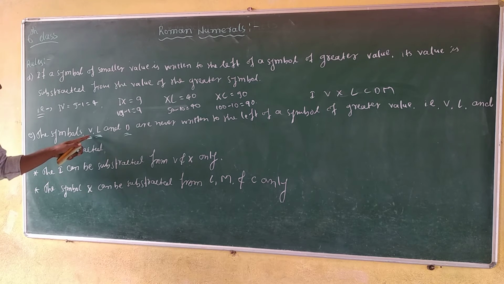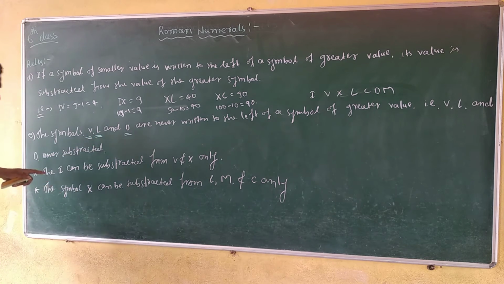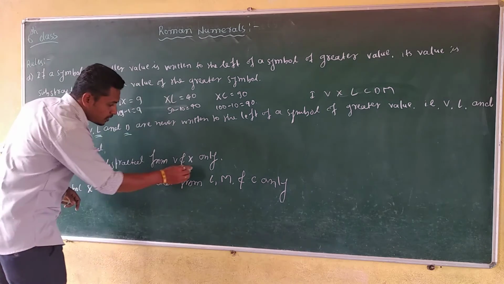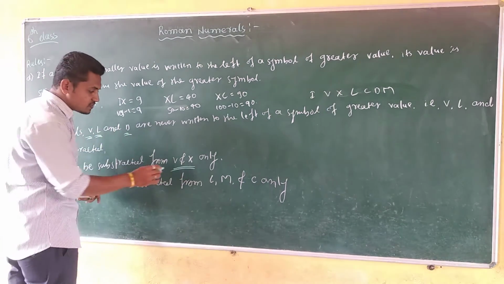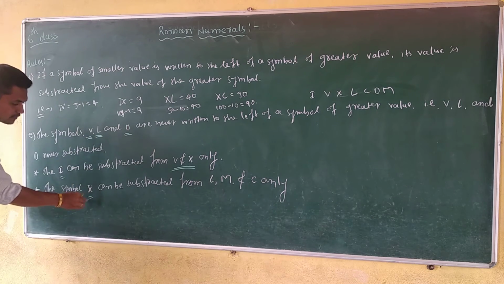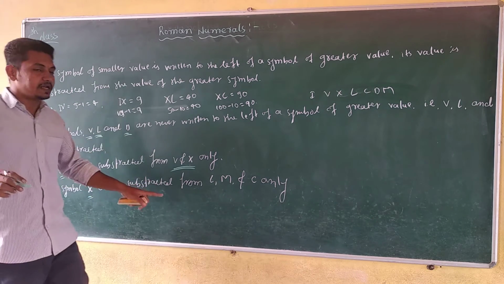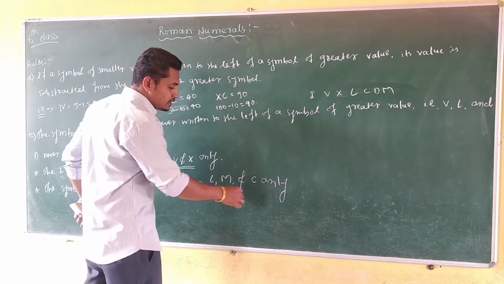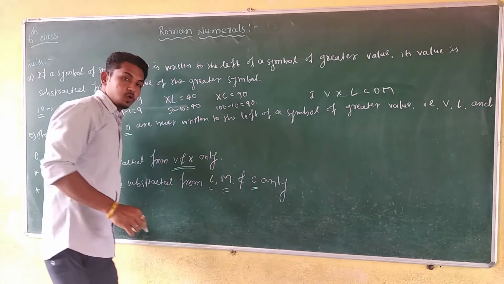I can be subtracted from V and X only, meaning 5 and 10 only. The symbol X, meaning 10, can be subtracted from L, C and M only, which means 50, 100 and 1000 only.